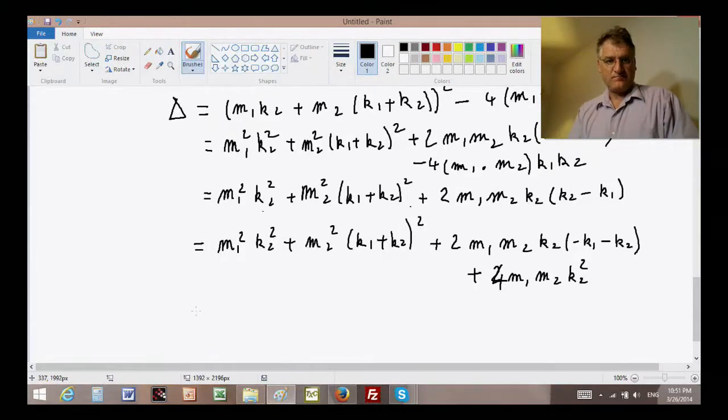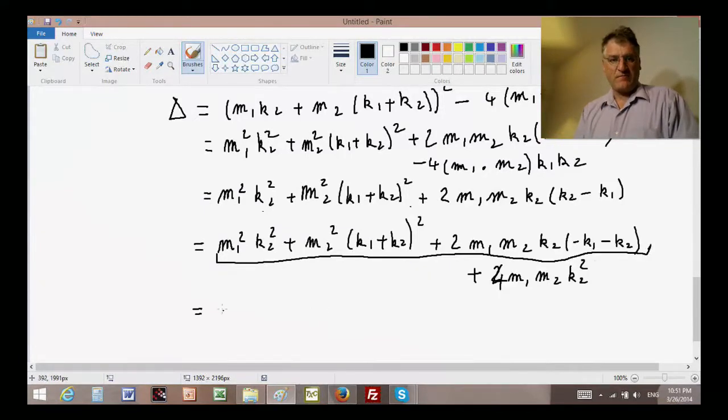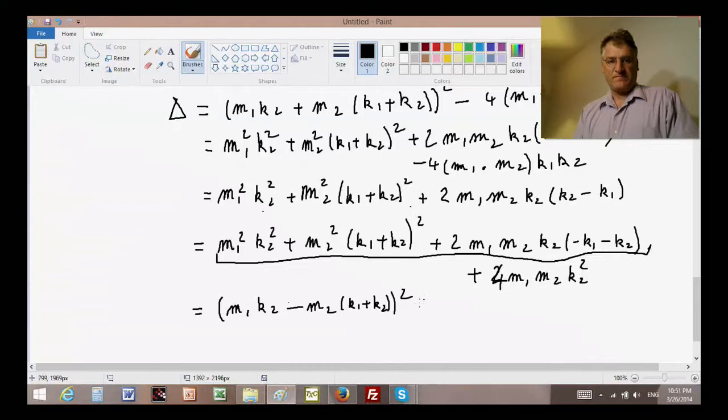Therefore, this is also equal to, by regrouping this term as the square of a sum, m1 k2 plus m2 k1 plus k2, and this is not a plus, I apologize, this is a minus here, k1 plus k2 squared, plus 4 m1 m2 k2 squared.